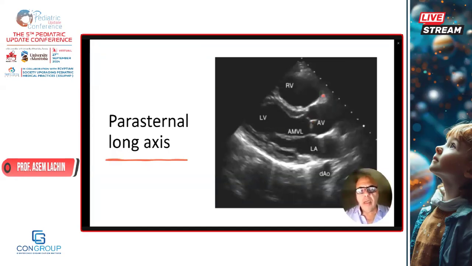So we can look at the parasternal long axis quickly to see the contractility, to see the filling of the heart, and also to detect if there is any tamponade and pleural or pericardial effusions. And of course, this is the descending aorta, but it's a cut-through, so we can see it as a circle like this.